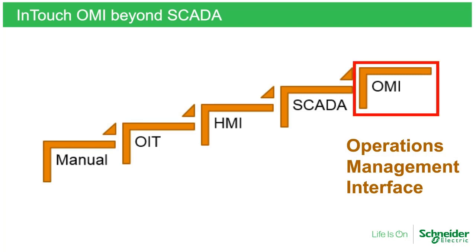We are defining this as a new space, and the Touch OMI name actually comes from Operations Management Interface. What we want to do is differentiate the fact that it's beyond SCADA, beyond HMI.